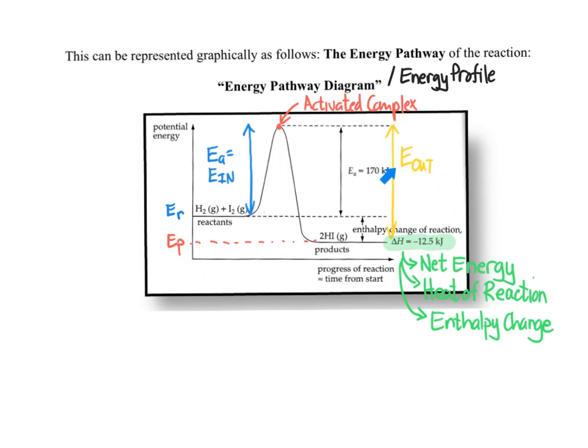Then there's energy that is given out, and the final energy of the substances, that is the energy of the products, which we represent as EP. And so the difference in the energy given out when the new substances are formed compared to the energy taken in is known as the enthalpy change of the reaction, or the net energy of the reaction, or the heat of reaction.